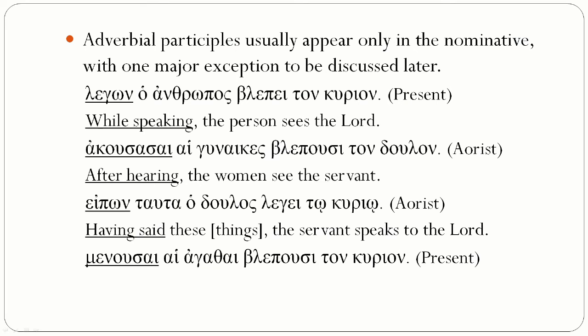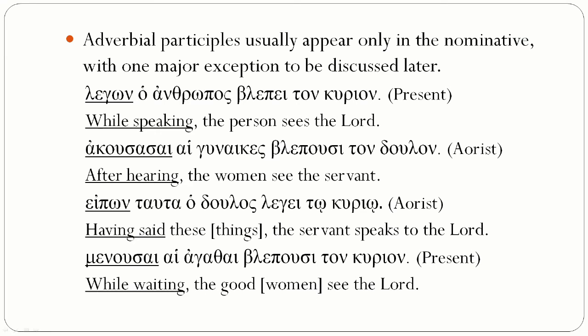It is just a present participle. It is a present feminine plural nominative. It is associated with hai agathai. Because it's present, we're going to translate "while" or "when." And let's go with: while waiting, the good women see the Lord.